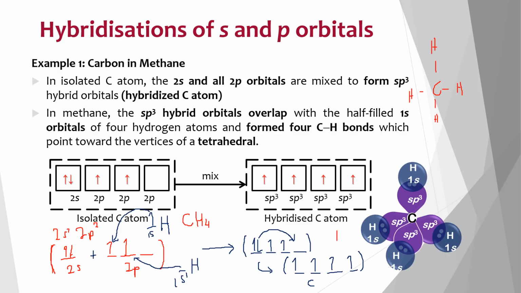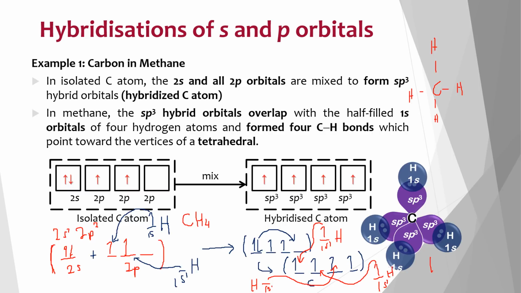That means hydrogen, which has 1s1, can form a bond with carbon if it shares its electron with the carbon. Another hydrogen, which also has 1s1, can form a bond with carbon if it shares its electron. Another hydrogen also comes, 1s1, so it can form a bond with the carbon.